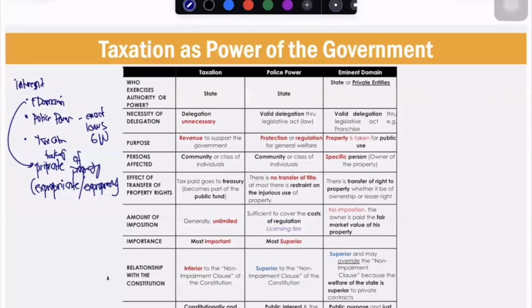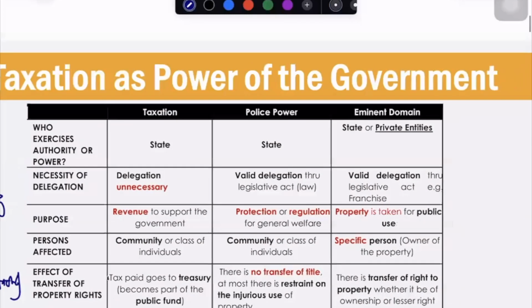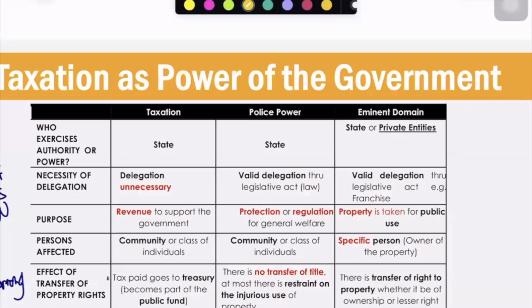So let's try to differentiate the three. First, as to who exercises the authority or power. Although all of the three powers are inherent powers of the state, as a general rule, who exercises them is the state. However, there is an exception for eminent domain, because private entities can exercise the power of eminent domain.